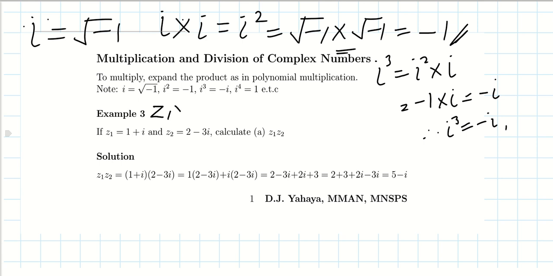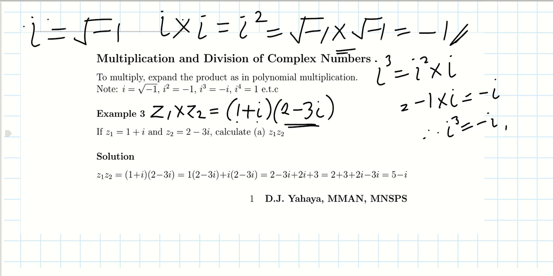Now, example 3 is telling us to find Z1 times Z2. Z1 times Z2 is the same thing as 1 plus i times 2 minus what? 3i. You can see that we just do the normal expansion as we have in real numbers. Take one of these numbers and multiply everything here, then take the other and multiply everything here, which is done in the solution.